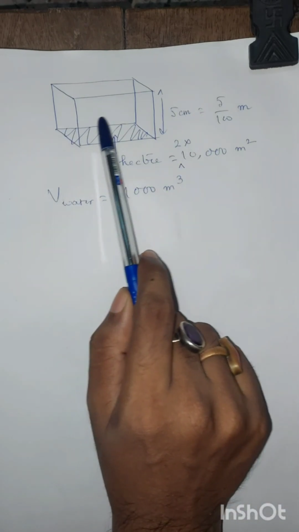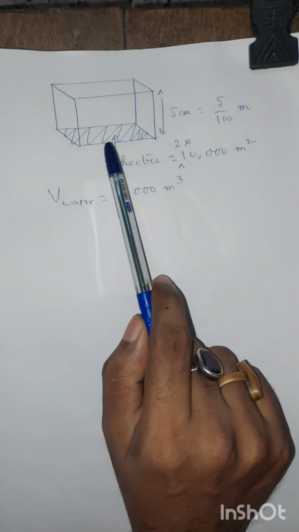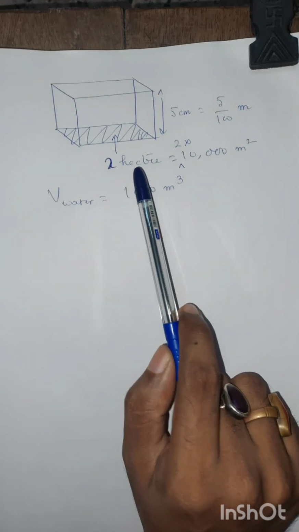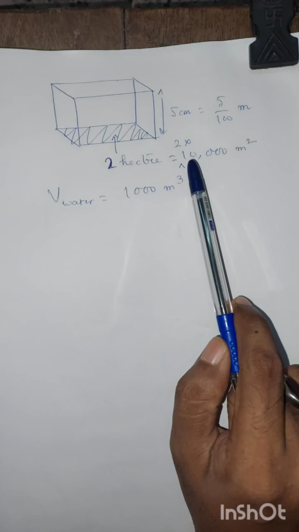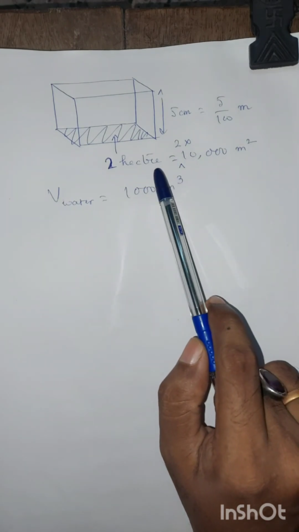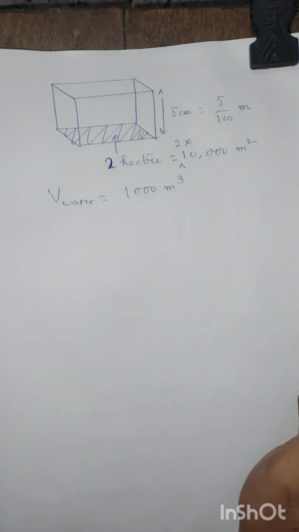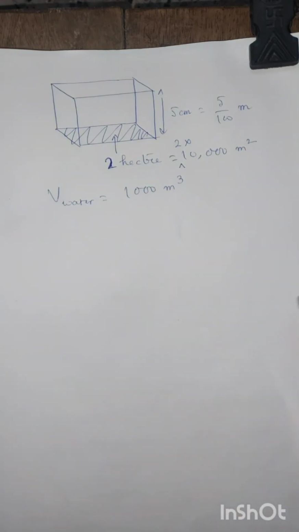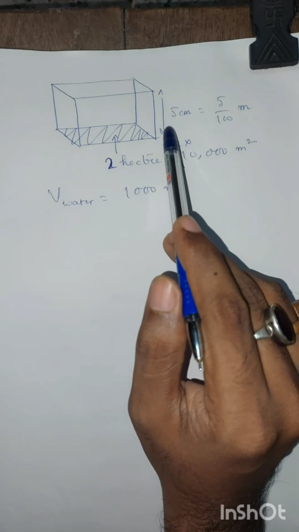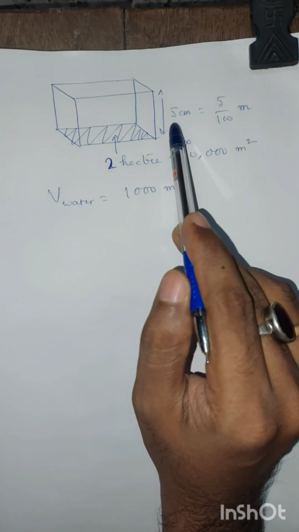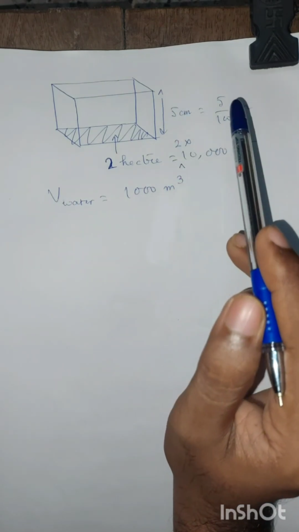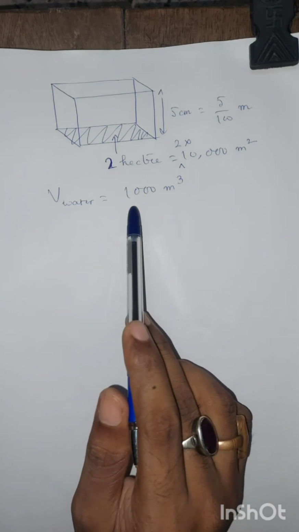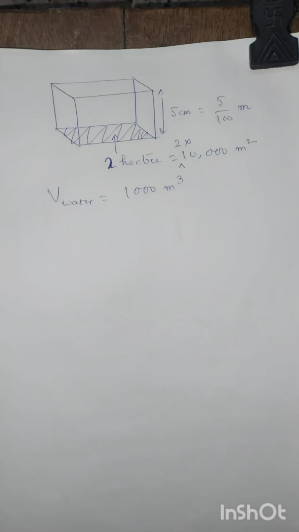This is our land, the shaded region, which is covering an area of 2 hectare. So 1 hectare means 10,000 meter square. So 2 hectare means 2 into 10,000 meter square. The height of rainfall is also given, which is 5 centimeter. That means 5 by 100 meter. So volume of water is 1000 meter cube.